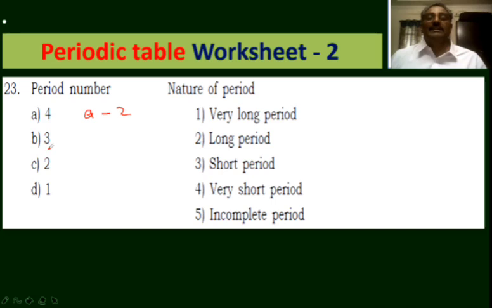Third period is a short period. Second and third periods are known as short periods. So B3. Next, the second period is also known as a short period. So C is also to be matched to 3. The first period is the very short period. That is, D is to be matched to 4. So here the correct match is A2, B3, C3 and D4.